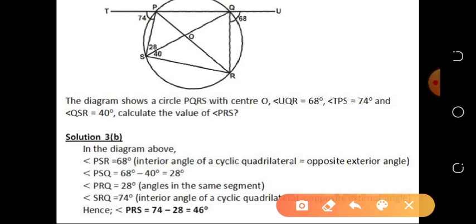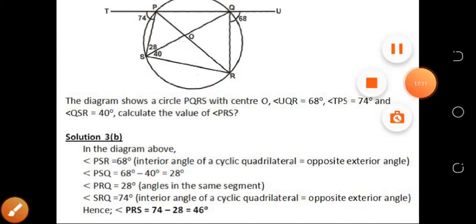I had explained it. 74, the whole of this angle here, which is the same as this 74, minus 28 is equal to 46. So the angle that you have here, PRS, P to R to S, is 46 degrees. And that is the solution to that.